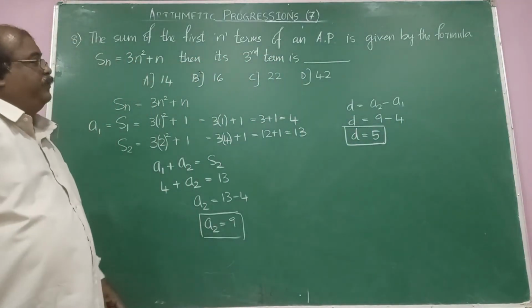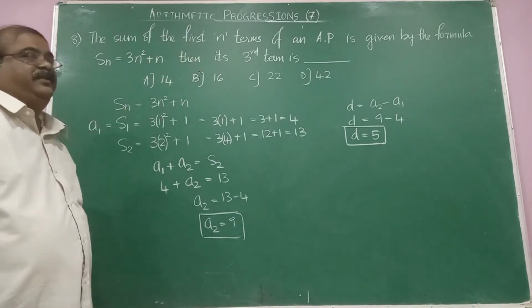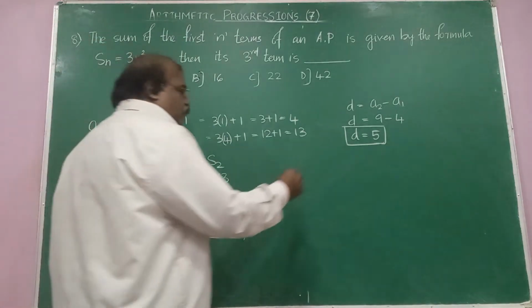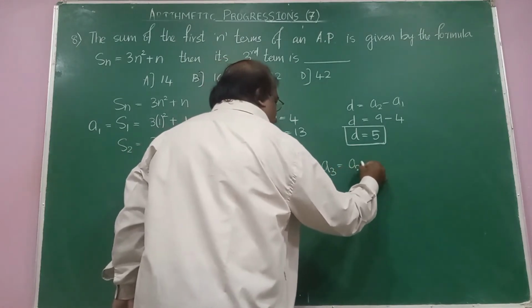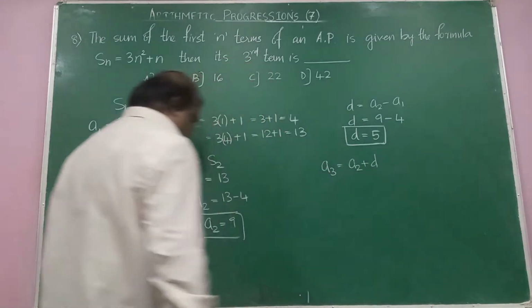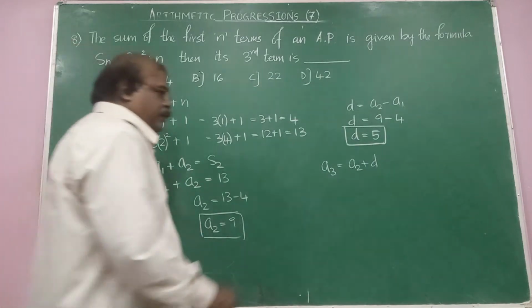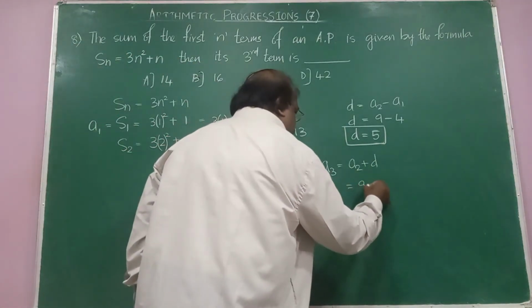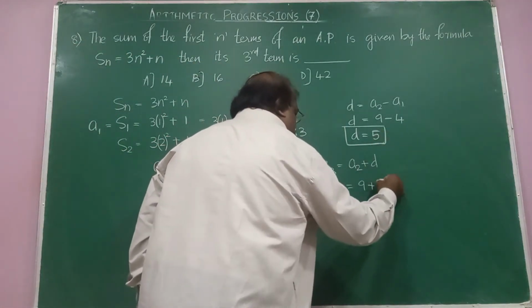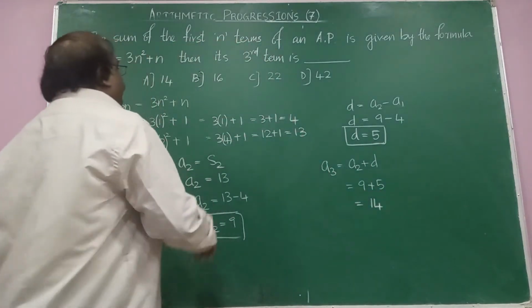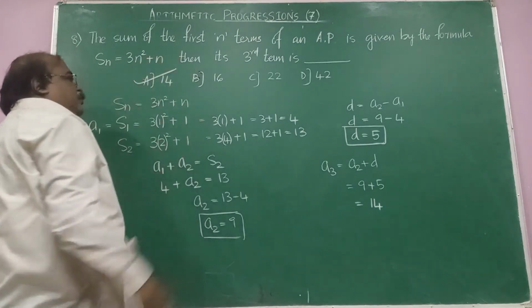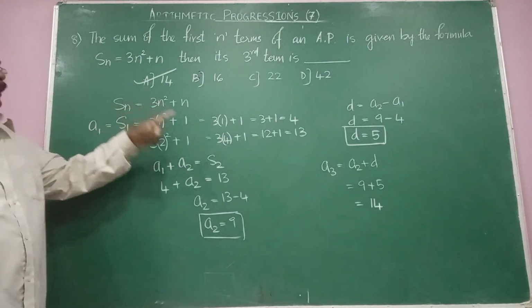Now it's very easy for me to find the third term. A3 is nothing but A2 plus D. A2 is 9 and D is 5. What is 9 plus 5? 14. I have come to the conclusion that A3 is 14.